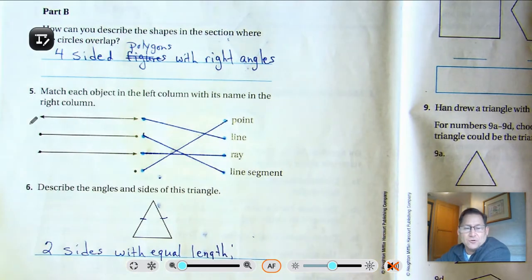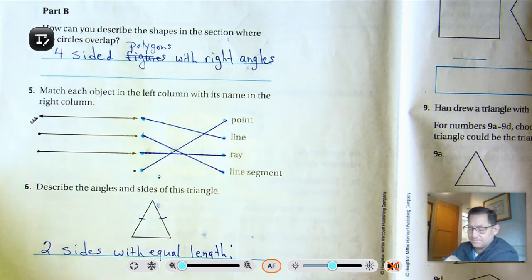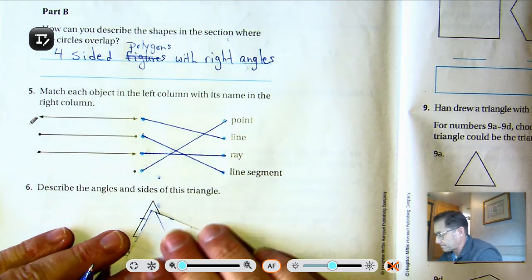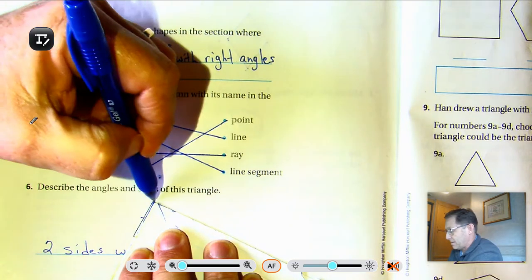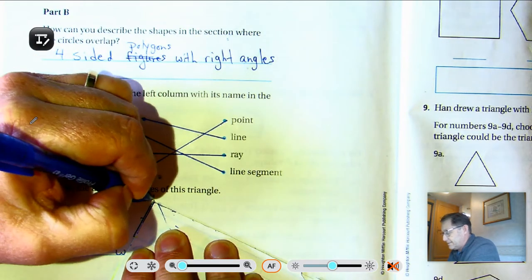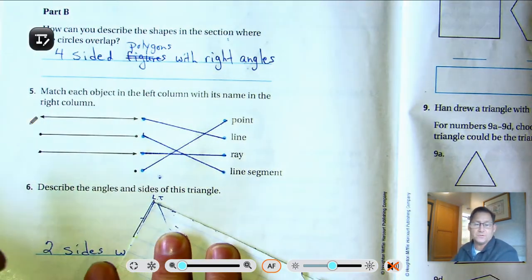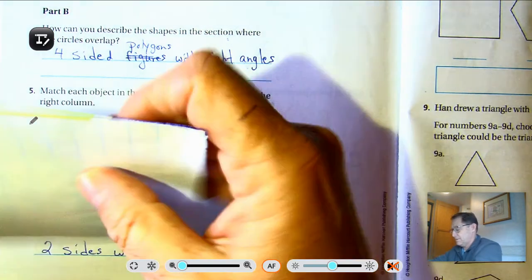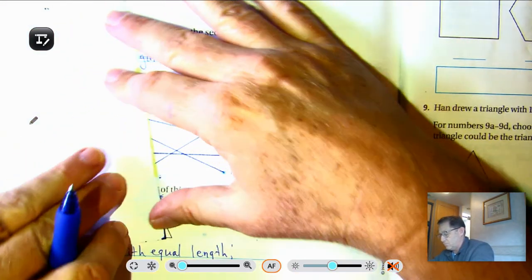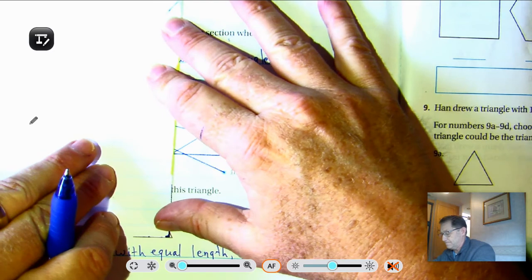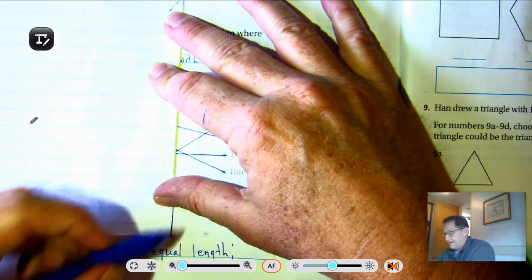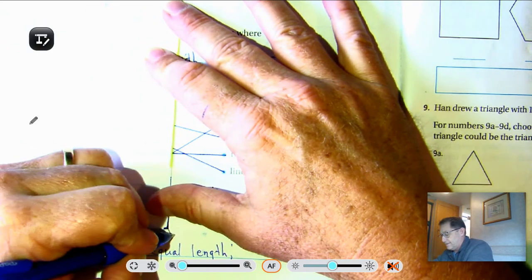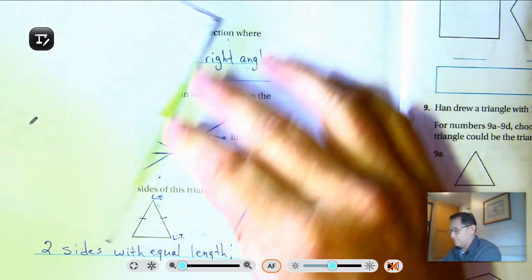Now, what about the angles? Well, let's check them. Okay, I have it at the top here. I can't see this other one. So this top angle is less than a right angle. This one, line it up there, and I can't see the other angle, so this angle is less than a right angle.